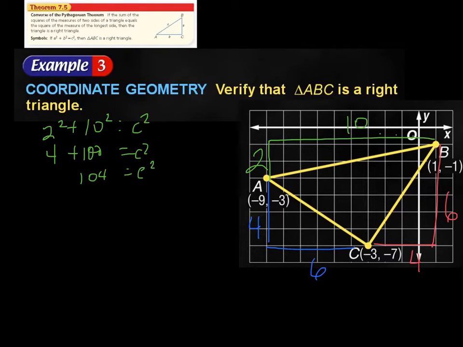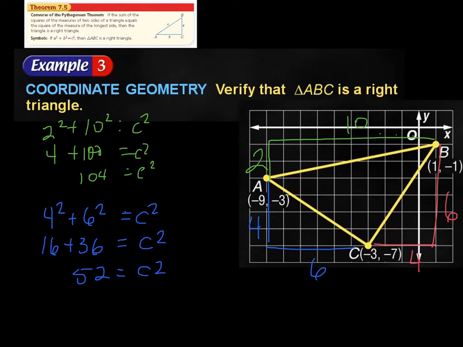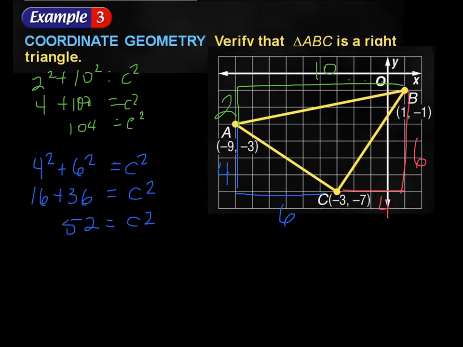For the blue side, 4 squared plus 6 squared equals c squared, so 16 plus 36. So 52 is that hypotenuse. And the red, we're going to have, oh, haha, it's the same. 4 squared plus 6 squared again. So that should be 52 again.